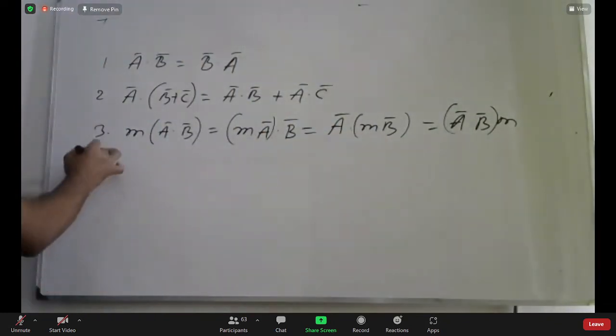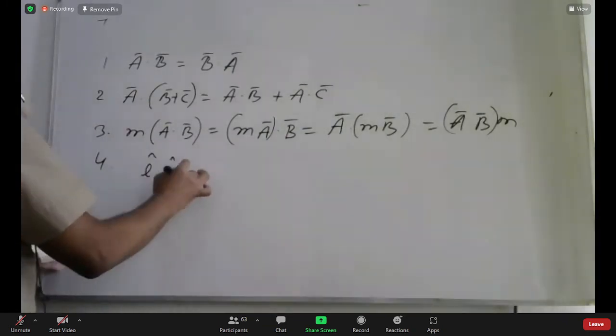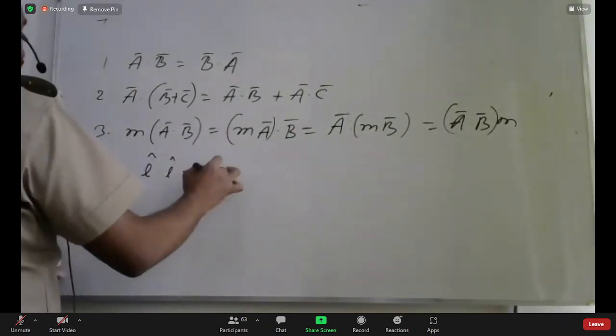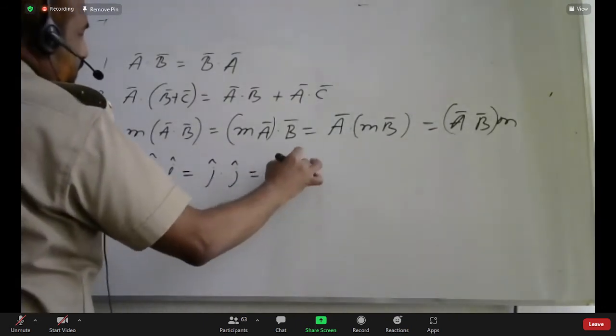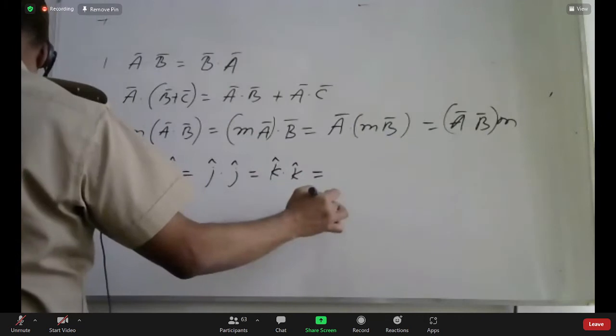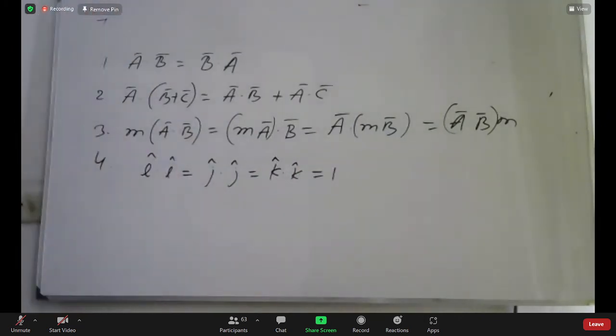And also we can write I dot I is equal to J dot J is equal to K dot K. These are equal to 1. Understood? What is I dot I? I, J, K are the unit vectors. I is in the direction of the x-axis, J is in the direction of the y-axis, and K is in the direction of the z-axis.